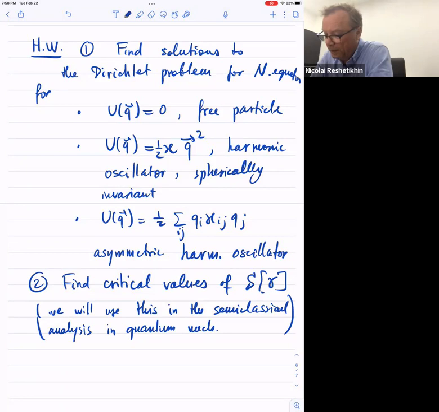Okay, so this is Newton's story of a single particle in R3 in a potential force.